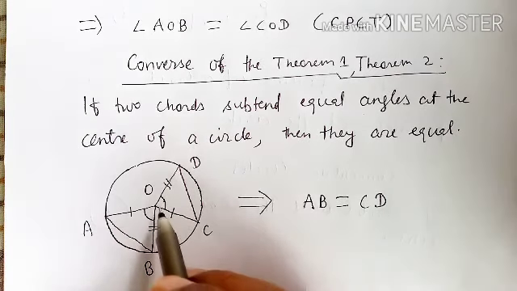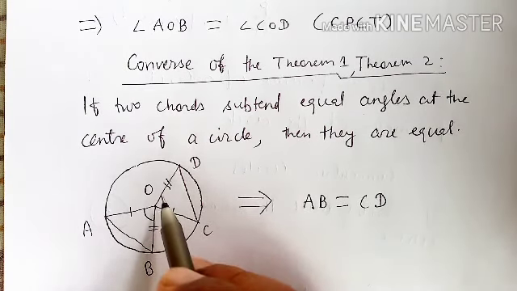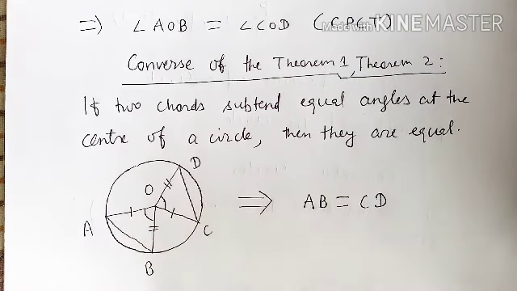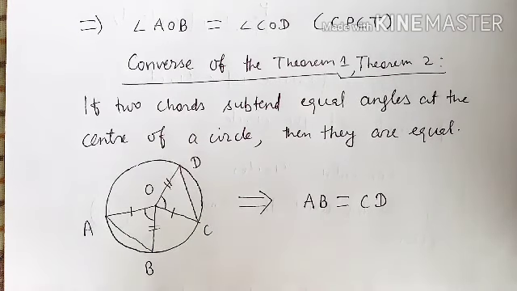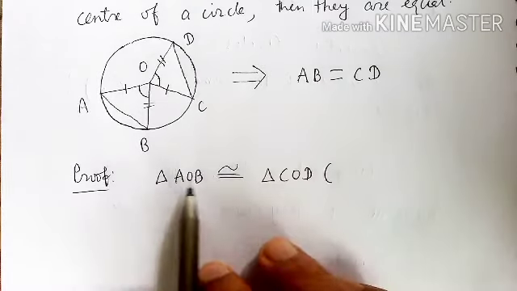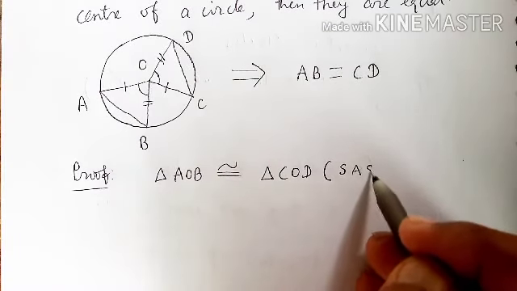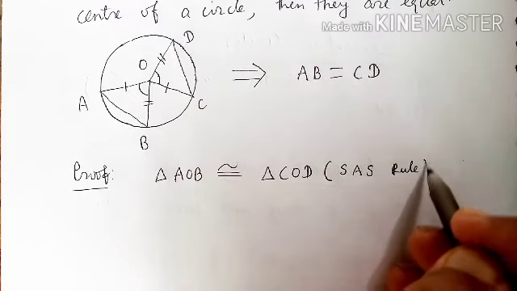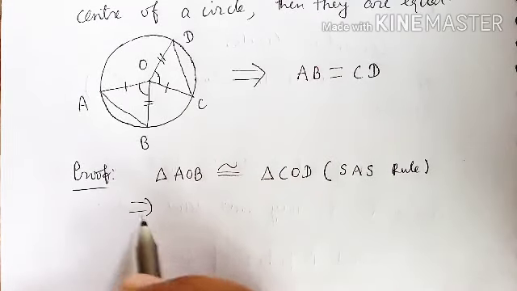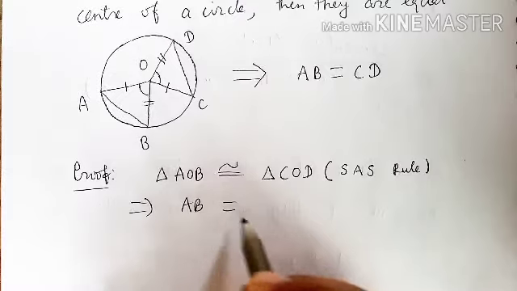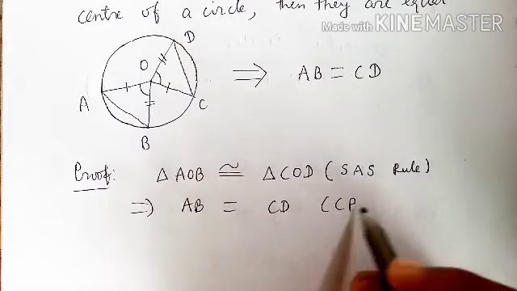AO is equal to CO because they are radii of the same circle. BO is equal to DO because they are radii of the same circle. So we can say that triangle AOB is congruent to triangle COD by SAS rule. This implies that AB is equal to CD, by CPCT.